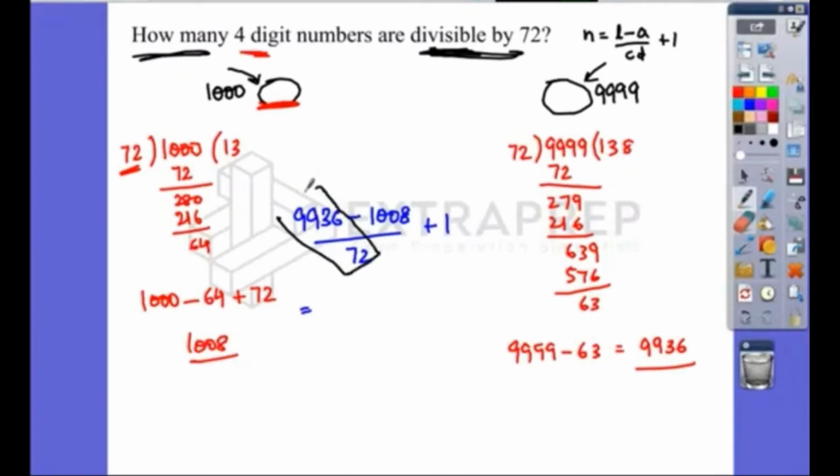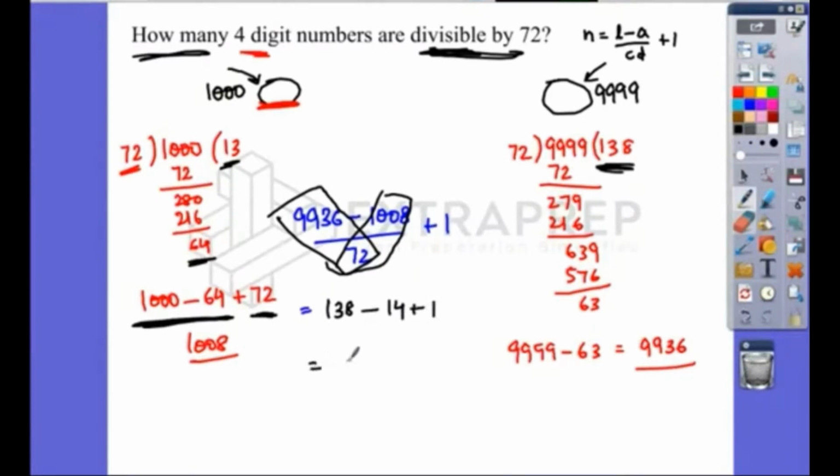What is this equal to? 138, right? 138 minus, what is 1008 by 72 equal to? It's 14, not 13. 13 is for this. When subtracted, you get 13 times. You added one more 72, so it should be one more, 14, plus 1. That's equal to 125. That's your answer.